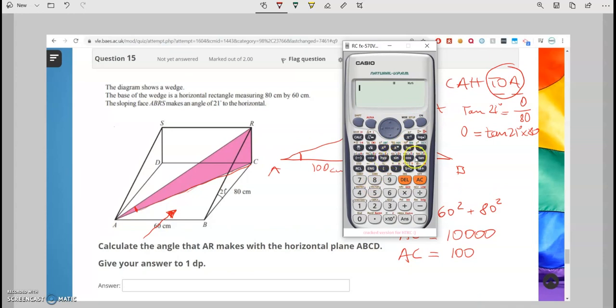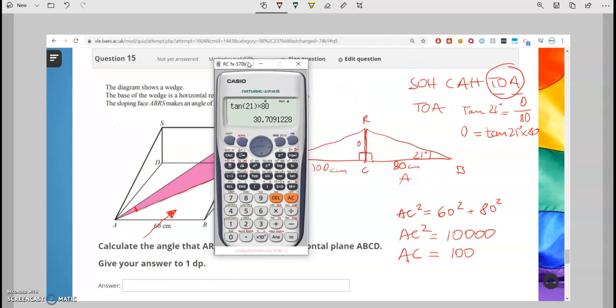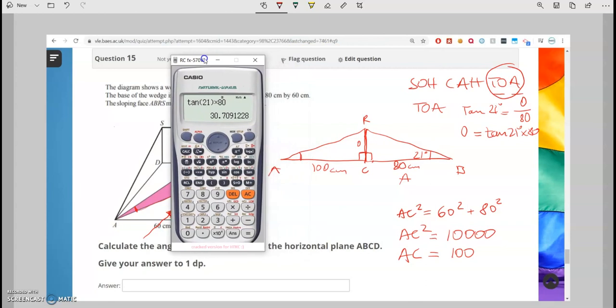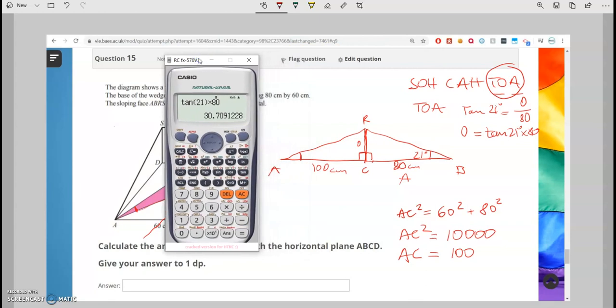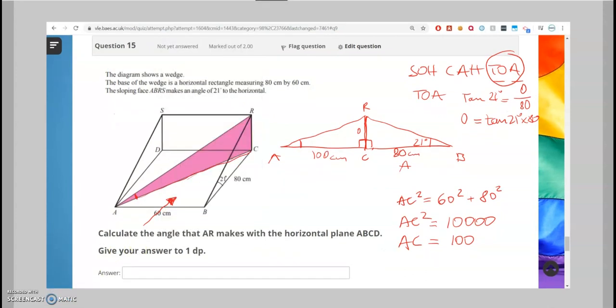So we find the tan button, 21 times 80, which gives us 30.7091228.